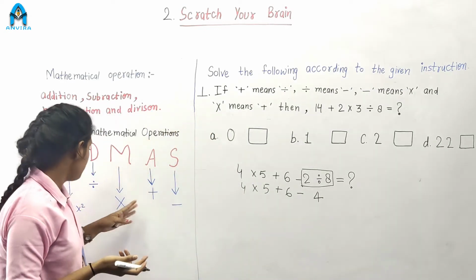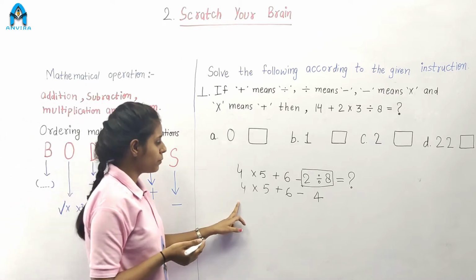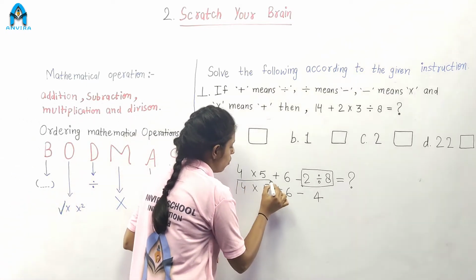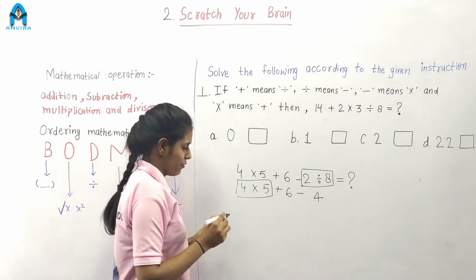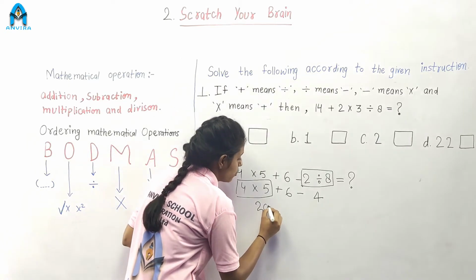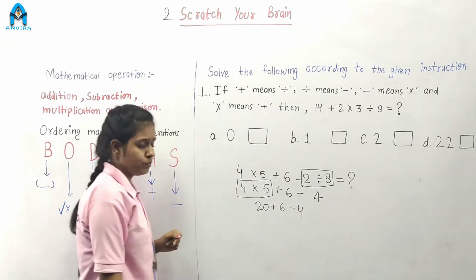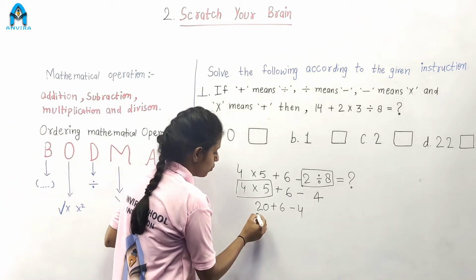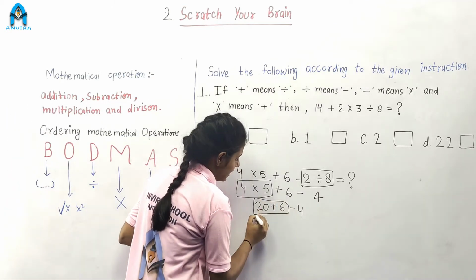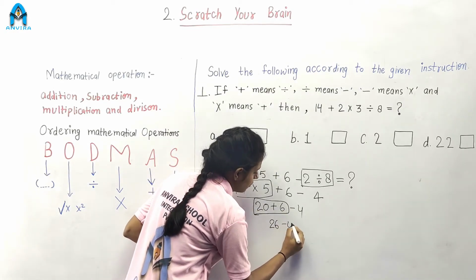Now, the next step is multiplication. So, where is multiplication? Here: 4 multiplied by 5. 4 multiplied by 5 is 20 plus 6 minus 4. Now, next is addition. So, 20 plus 6 is 26 minus 4.